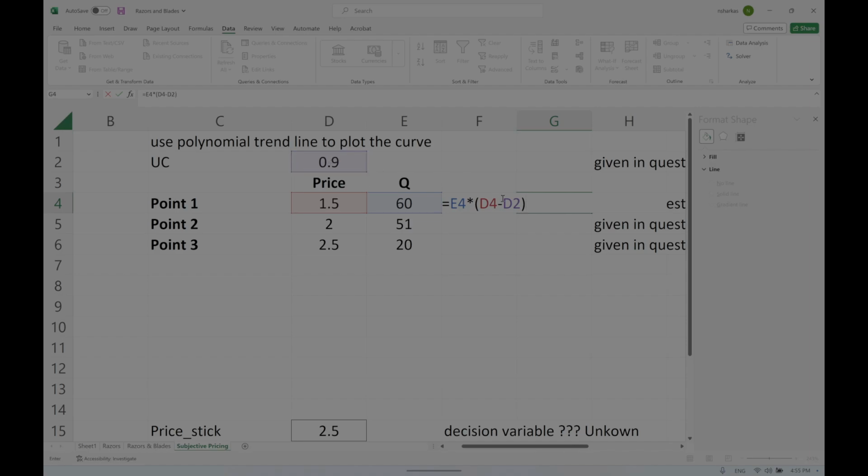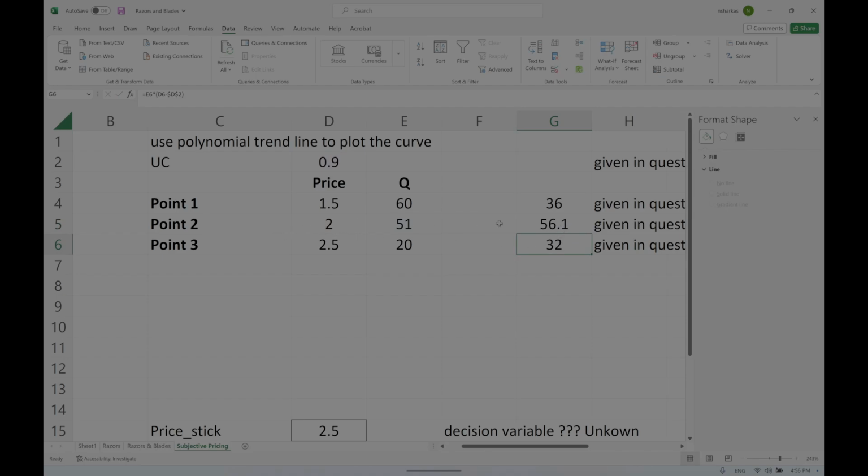Unit cost is not going to change, so we're going to stabilize this cell. We hover over it until the cursor changes from a fat white cross to a skinnier black cross, and here we go. This is the quantity or the demand times the price minus unit cost. Okay. So this is the profit.